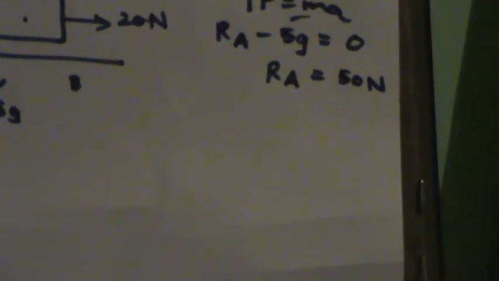There is no acceleration of A in the vertical direction, so ma is 0. If I take g equals 10, RA will be 50 newtons.